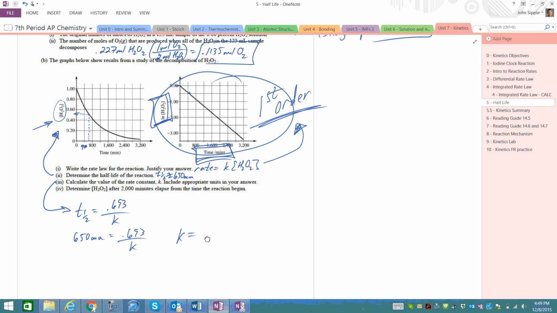So k is equal to 0.693 divided by 650. So I've got a k equal to 0.0010, and that is in inverse minutes.